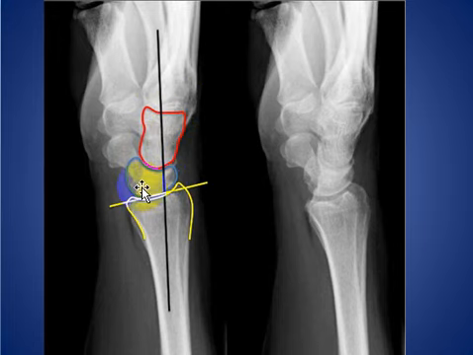This is the lunate, which should sit in the saucer of the radius. So the lines are parallel to each other: capitate, lunate, and radius. The capitate is the apple, the lunate is the cup, and the radius is the saucer.